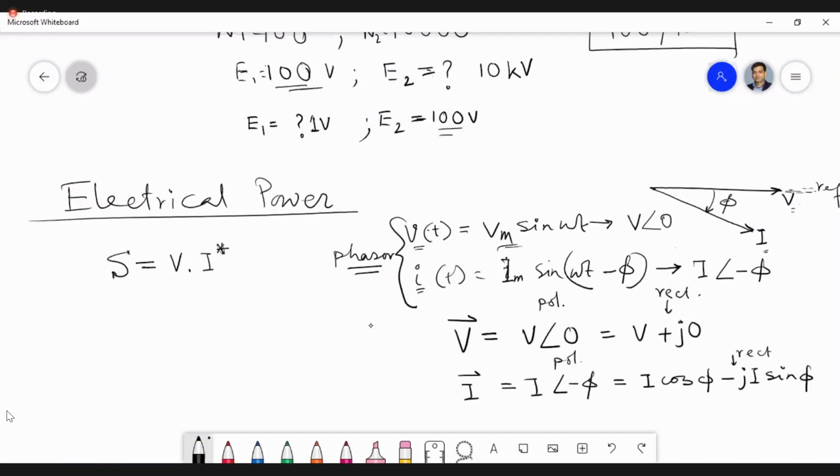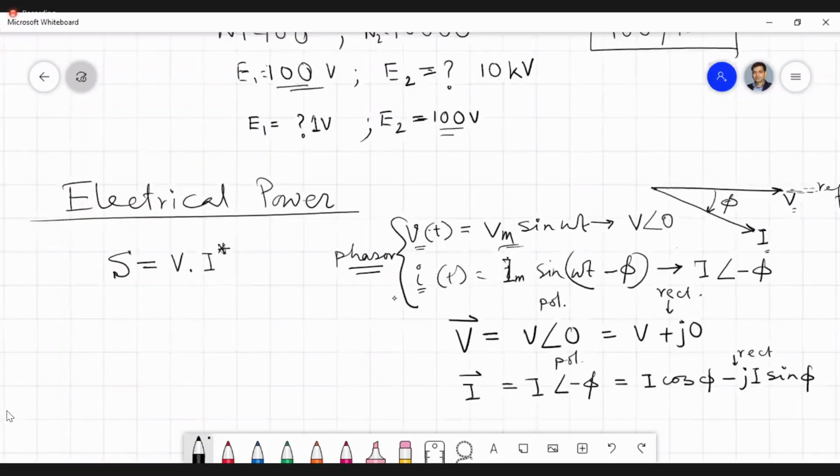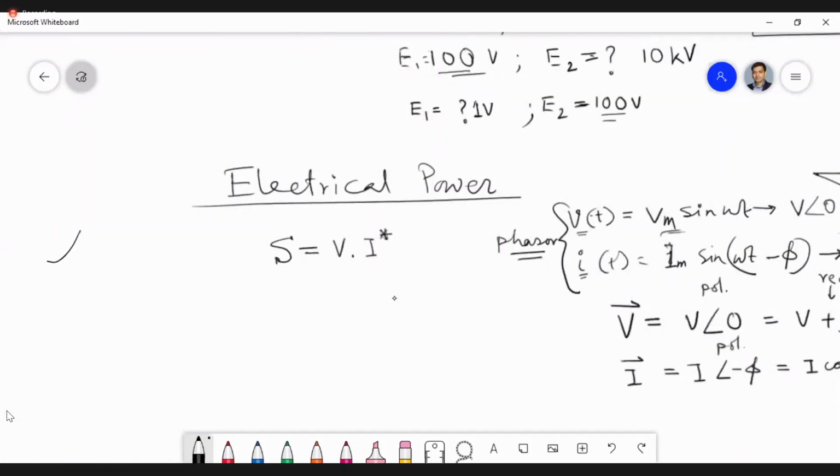So therefore we can take this conjugate. This power is called the apparent power, and it has the unit of volt ampere.